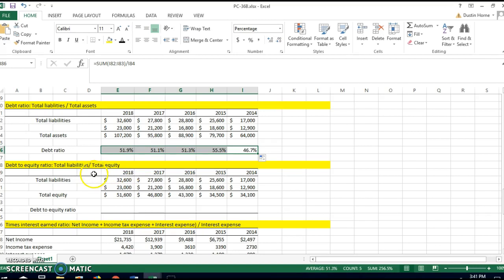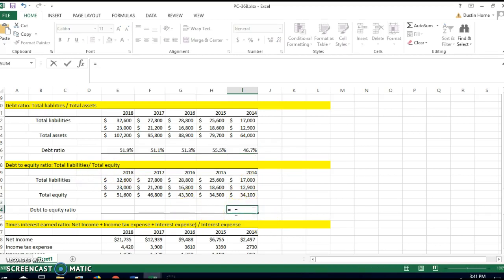Now let's do our debt equity ratio. Let's do our total liabilities compared to our total equity, so divided by total equity, and let's change that to a percentage, and we get 87.7%.